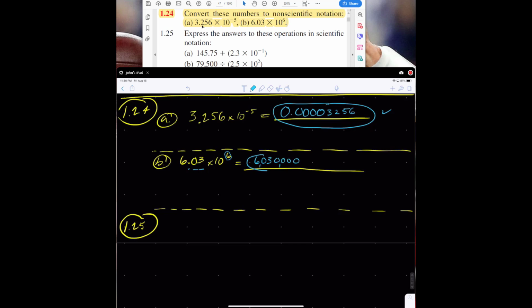And our final number is 6,030,000, which is correct. How did I just know to add 4 zeros to it?